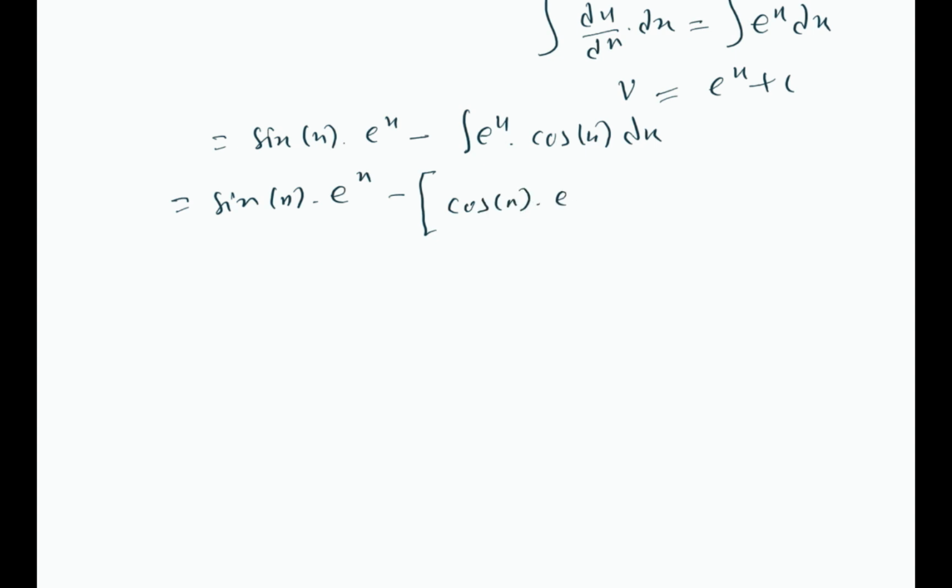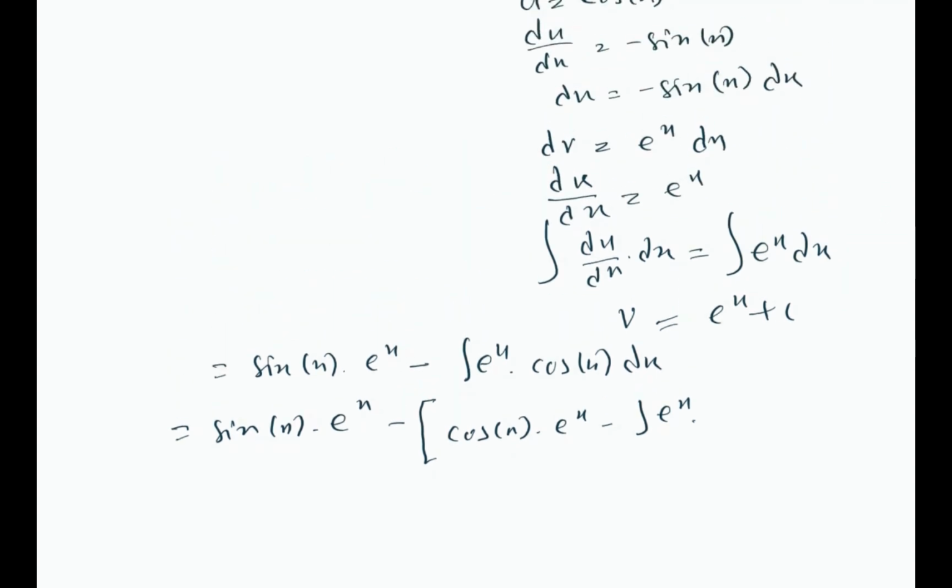And our v is equal to e to the power x, right? Then minus the integral of e to the power x, then our du, right? Our du is equal to minus sine of x dx, right?